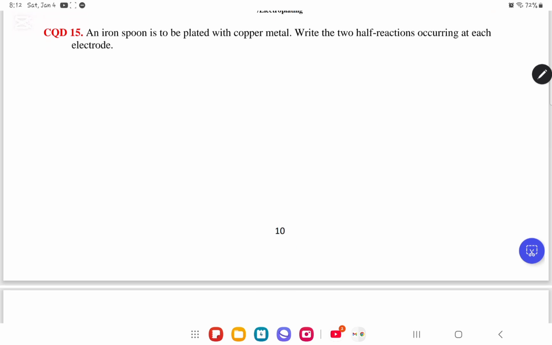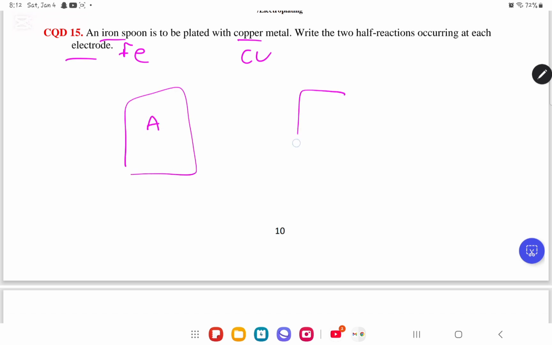We have an iron spoon to be plated with copper metal. So iron is Fe and copper is Cu. We need to write the two half reactions that occur at each electrode. So in each electrode, let's say here's the anode and here is the cathode. At the cathode, the cations are going to be attracted. So let's say we have Cu2+ and Cu.